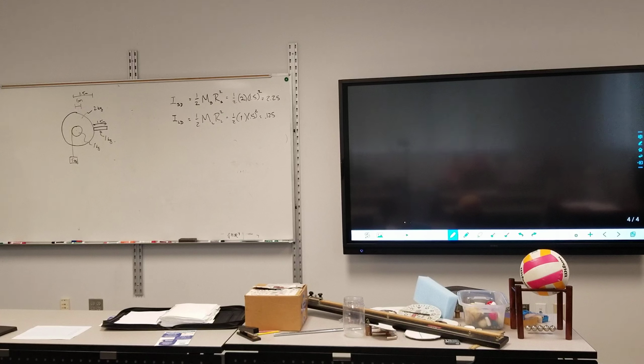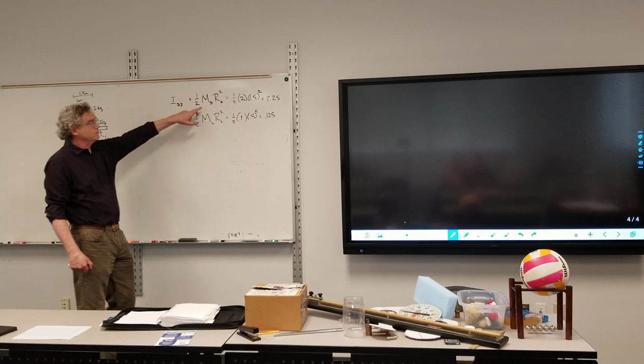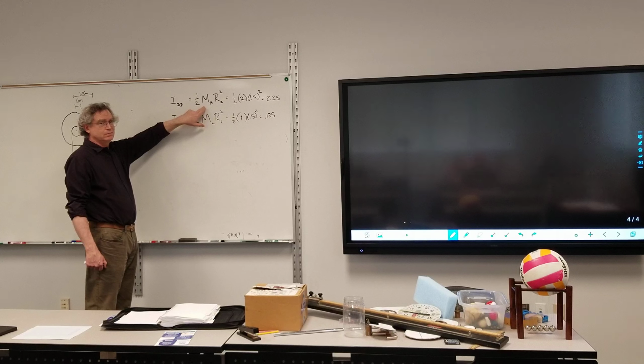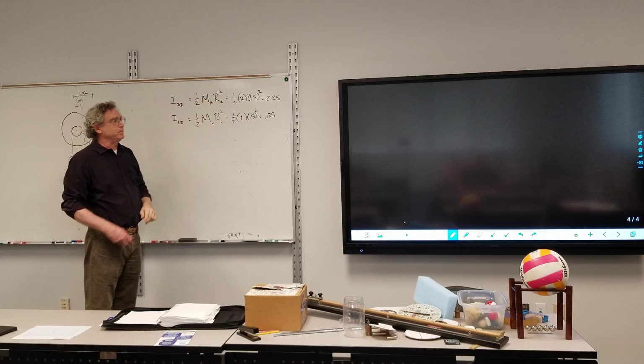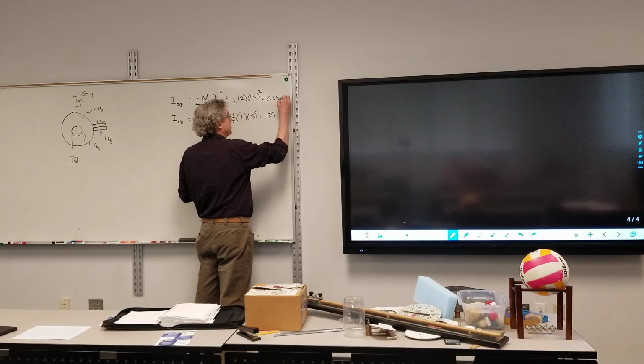Someone take the lead. It's not a single word. Meters. No, but I appreciate you taking a shot. What are the units of mass? Kilogram meters. Squared. Yeah, there we go. So we have kilogram meters squared.